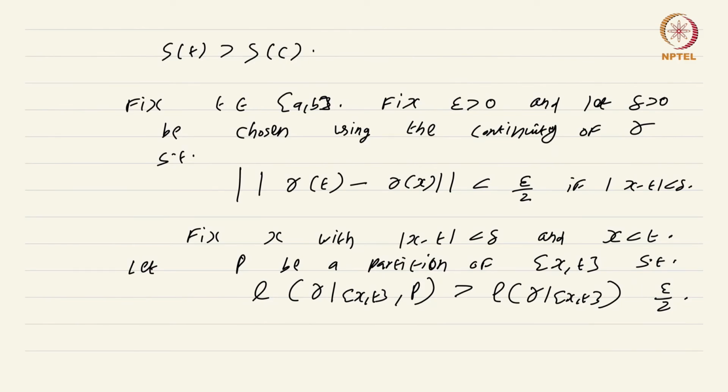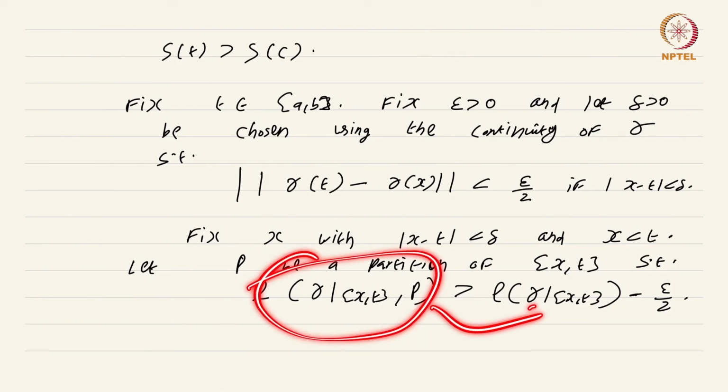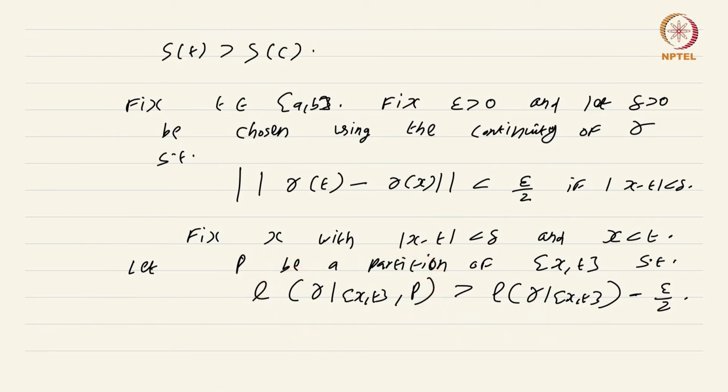This is minus epsilon by 2. So given any epsilon, or in this case epsilon by 2, I can always choose the partition so fine such that this is at the max epsilon by 2 distance away from the actual value of the length. This is just the way supremum is defined. This follows just from basic real analysis, basic properties of the supremum.